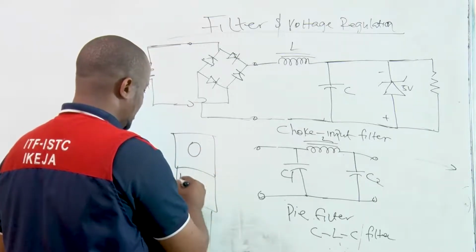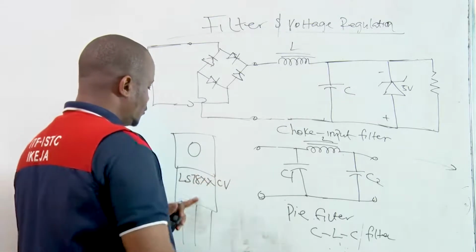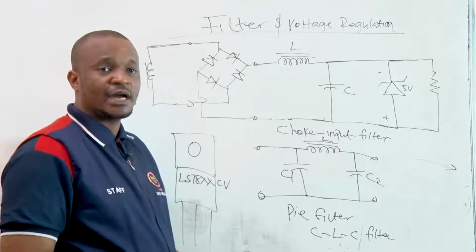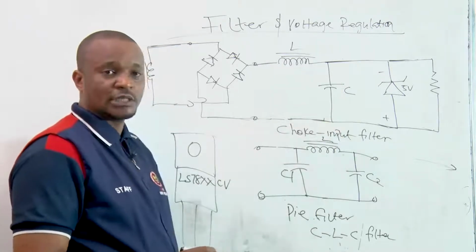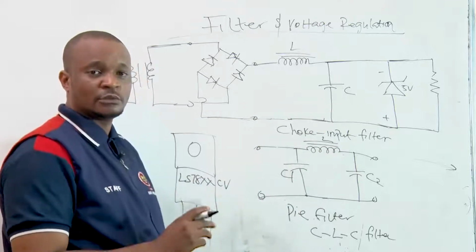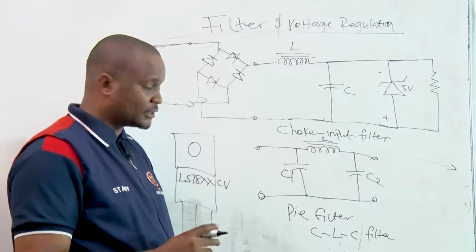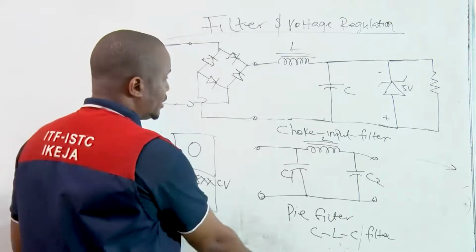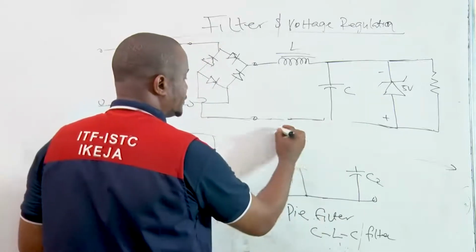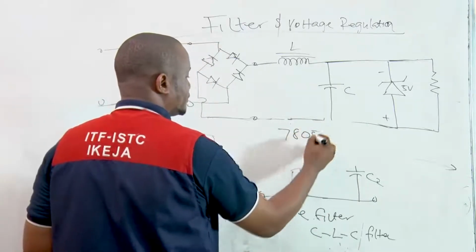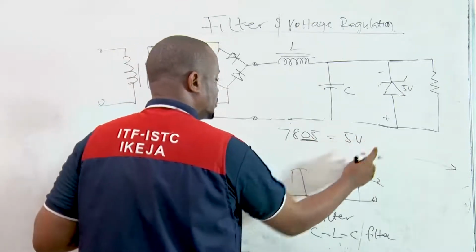It is labeled as LS78XXCV, where XX signifies the amount of voltage, that is, the voltage you want to be constant outside the circuit. So if we have 7805, this 05 is the voltage we are expecting.